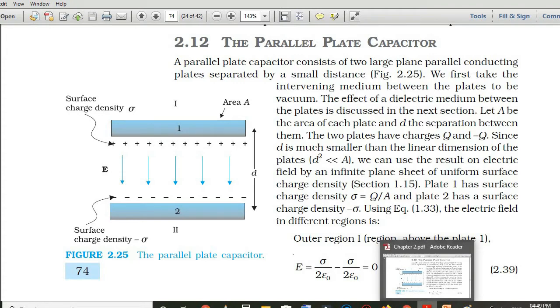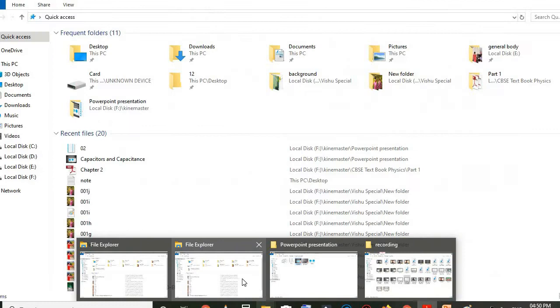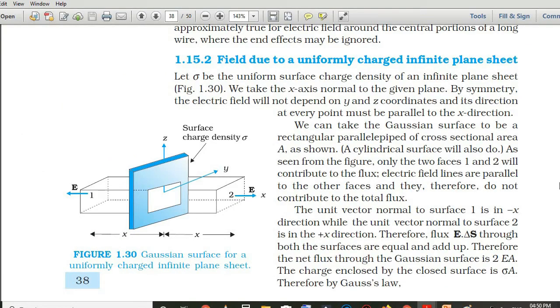For that, you should remember what we studied in the first chapter about the electric field. On page 38, in the first chapter, we discussed the electric field due to a uniformly charged infinite plane sheet.